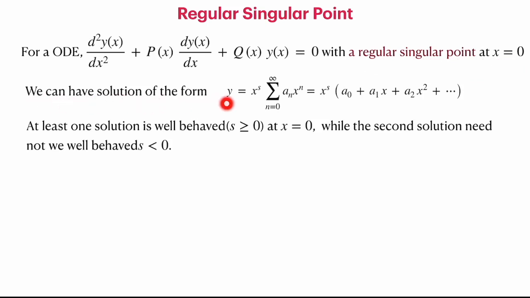We have a solution of the form y is equal to x to the power s into the sum over n going from 0 to infinity of a_n x to the power n, that is equal to x to the power s into (a0 plus a1 into x plus a2 into x square, and so on). In this case, at least one of the solutions is well behaved, that is s would be greater than or equal to 0 at x is equal to 0, while the second solution need not have this property. That means s can be less than 0.